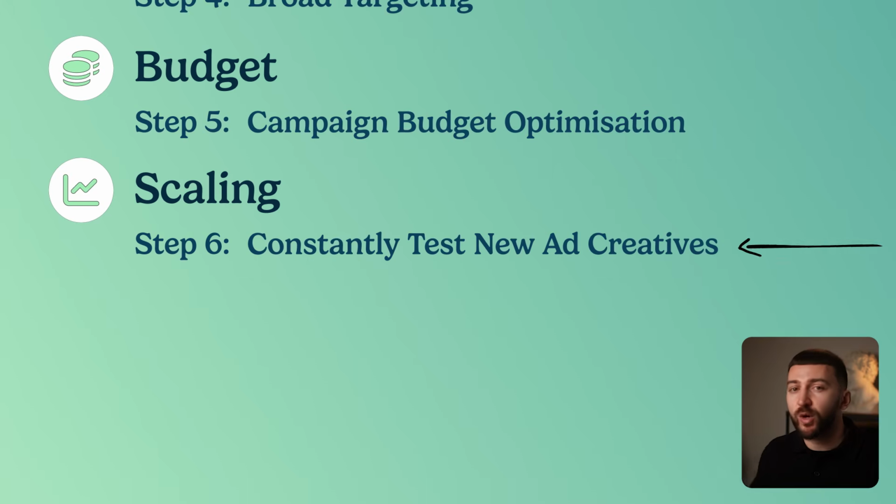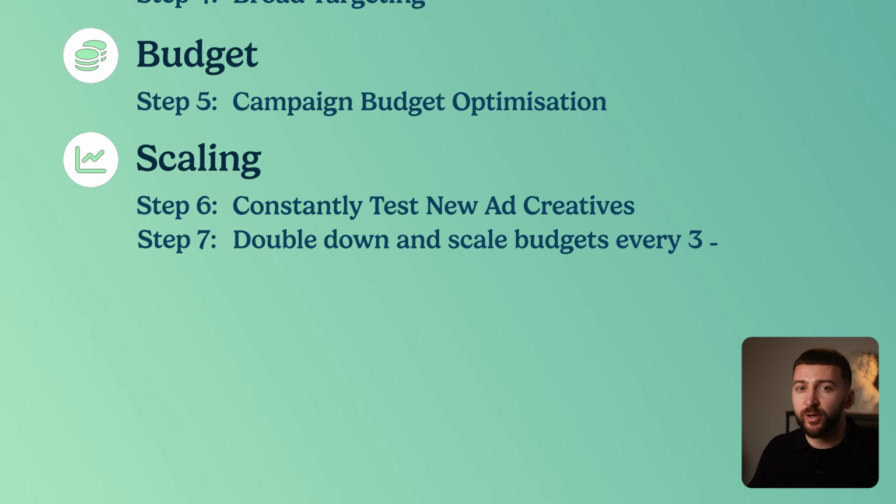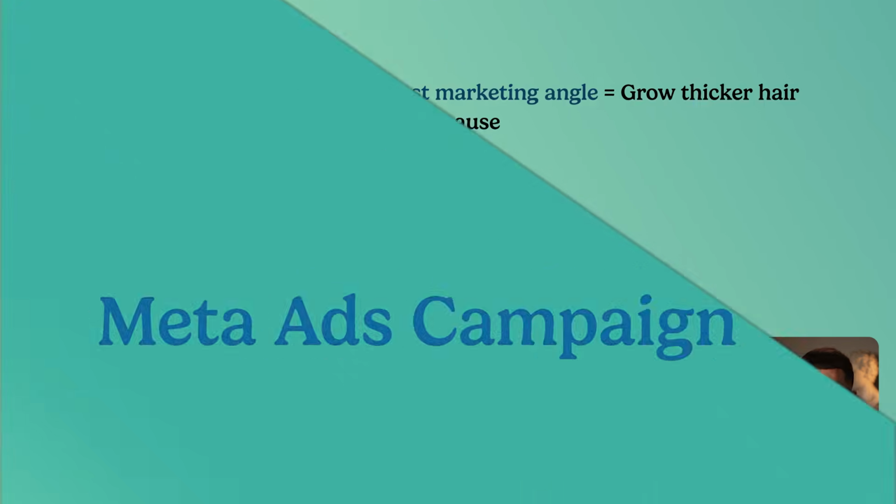You can do some B-roll ads, test loads of different ad creative formats. And that's all you need to do. You just create more ad creatives for the angle and the avatar that's working, double down on it, and then you scale from there by increasing your budgets on the campaign. And that's basically it.